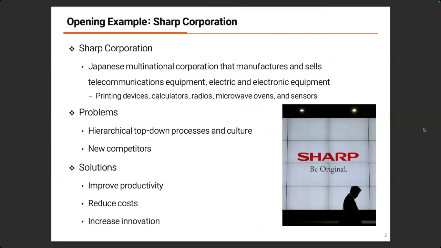And this service is web-based, so every person in an organization can access Yammer through their mobile phone or their computer.